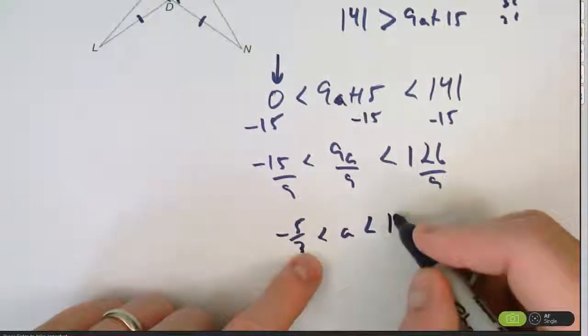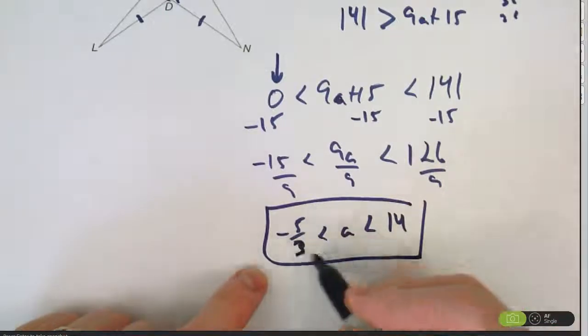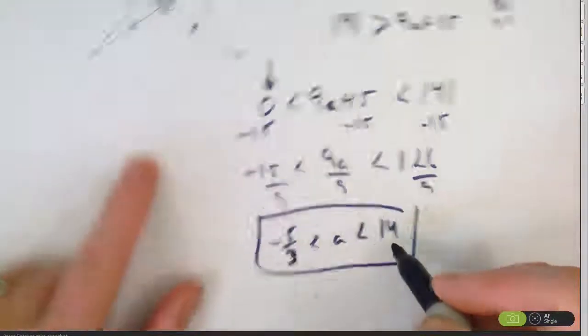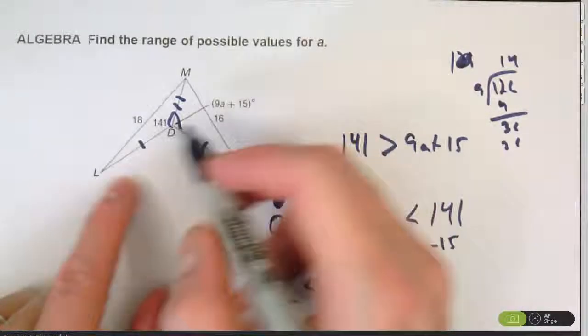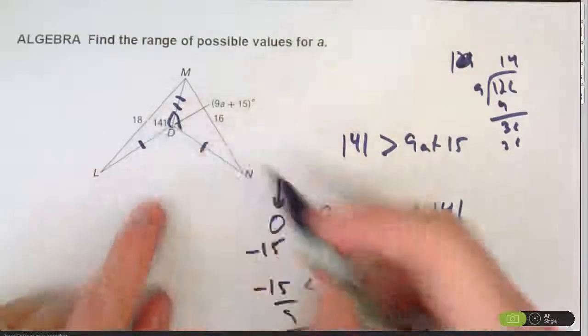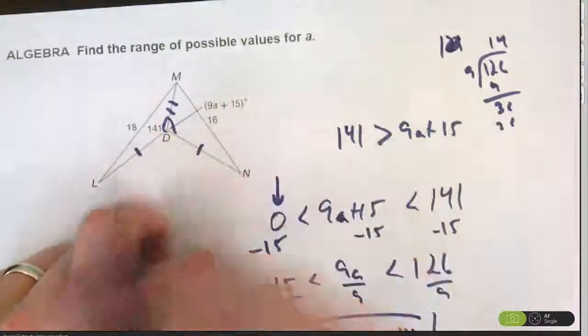So A has to be greater than negative 5/3, but less than 14. Because if it's 14 or more, then actually this should be the bigger opposite angle. And if it's not more than negative 5/3, we'll get a negative angle or 0 for this angle here.